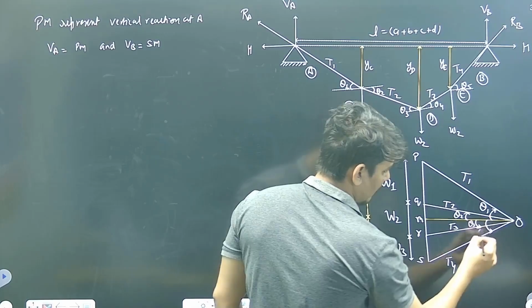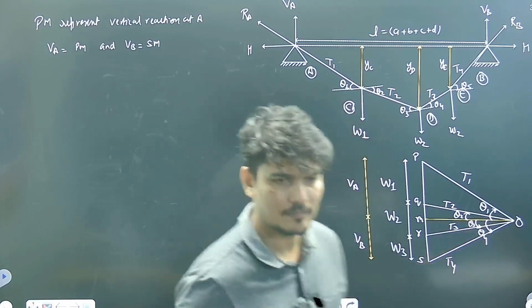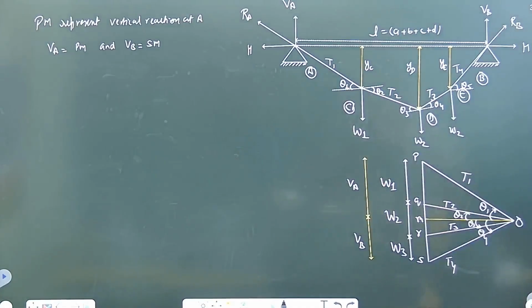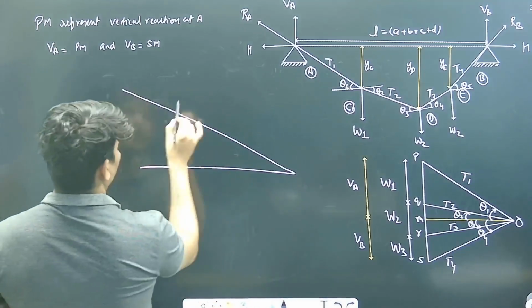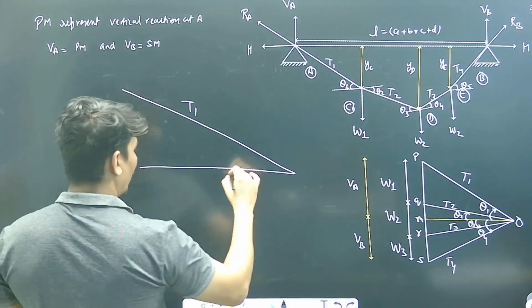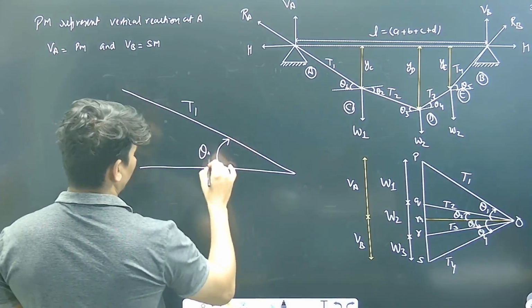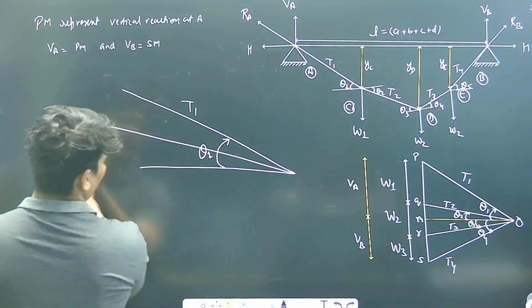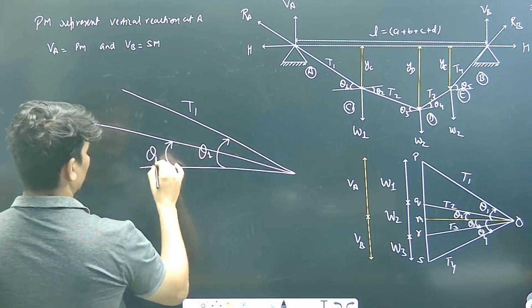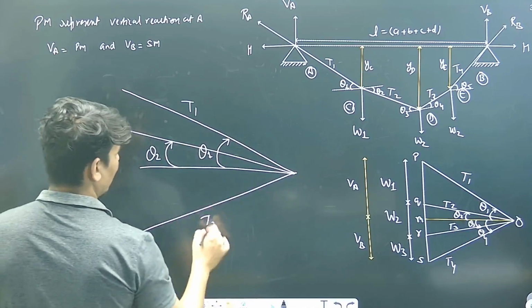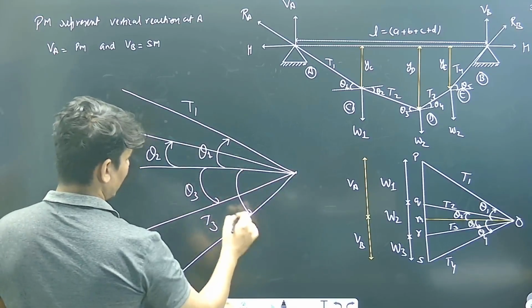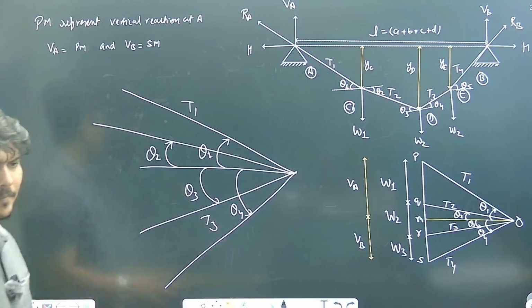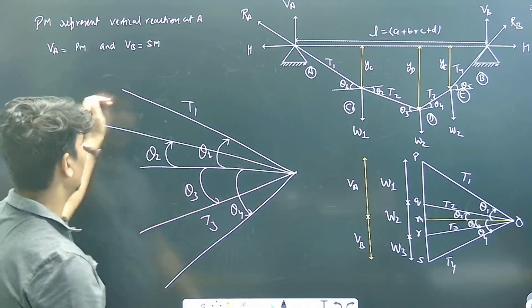This angle theta 4. समझ गए? कहने का मतलब ये हॉरिजॉन्टल है, हॉरिजॉन्टल से T1 तक का जो एंगल है वो है थीटा 1. फिर यहाँ से T2 निकल रहा है, तो हॉरिजॉन्टल से ये एंगल है थीटा 2. फिर T3 निकल रहा है, हॉरिजॉन्टल से एंगल है थीटा 3. फिर T4 निकल गया, हॉरिजॉन्टल से एंगल है थीटा 4. गॉट इट? आई होप अभी समझ में आया होगा.